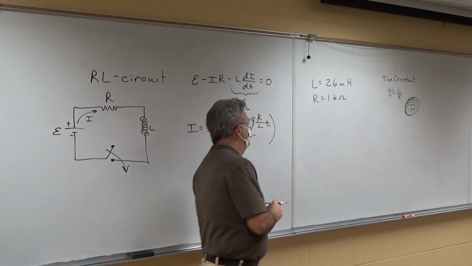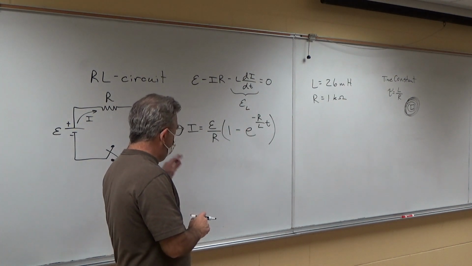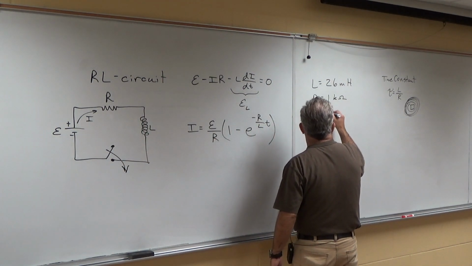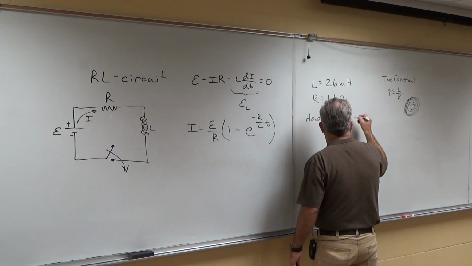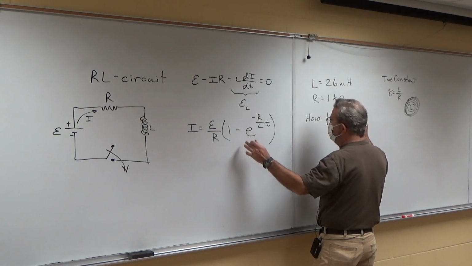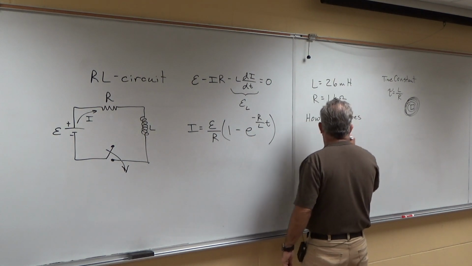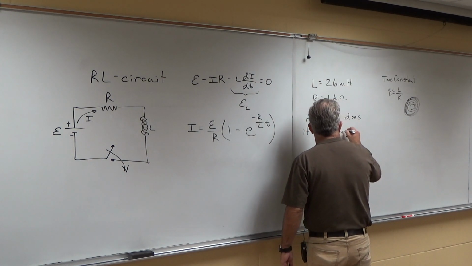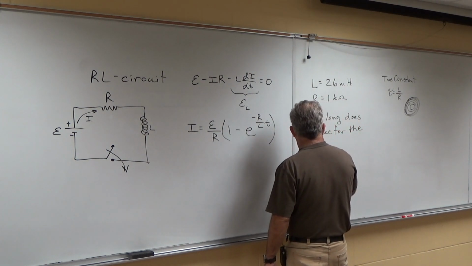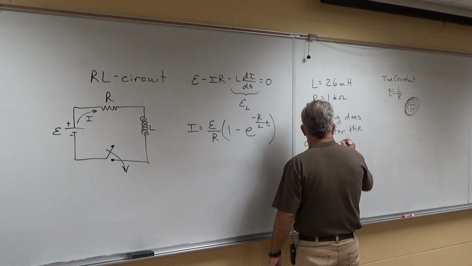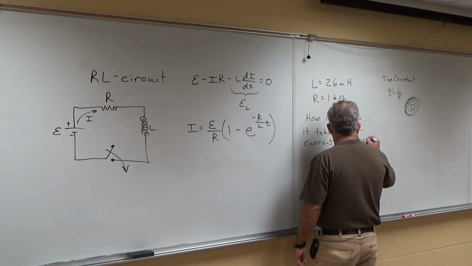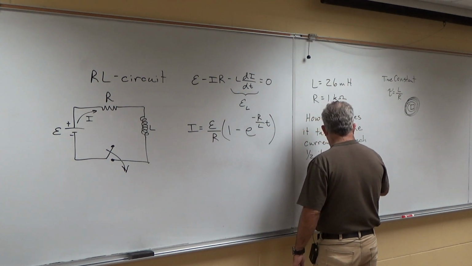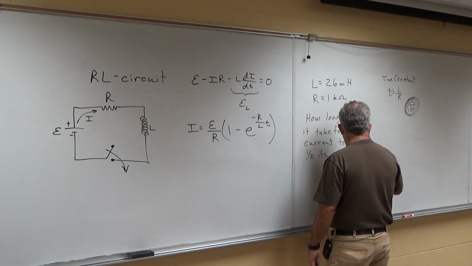The question is, let's say I close the circuit. This is an RL circuit I'm talking about in this equation. How long does it take for the current to reach 1/2 its maximum value?